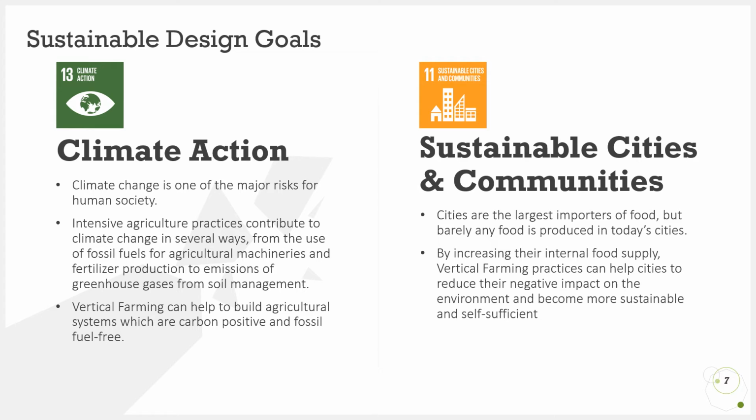Vertical farming can help to build agricultural systems which are a lot more carbon positive and fossil fuel free. And also, sustainable cities and communities. Cities are the largest importers of food, but barely any food is produced in today's city. By increasing their internal food supply, vertical farming practices can help cities to reduce their negative impact on the environment and become more sustainable and self-sufficient.